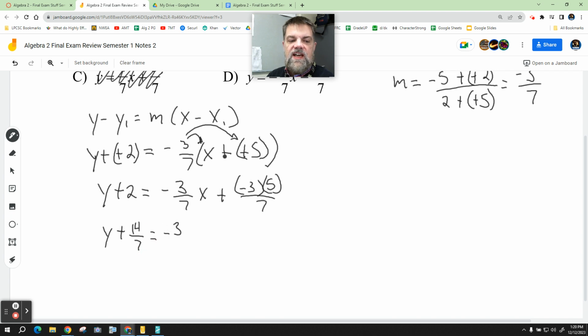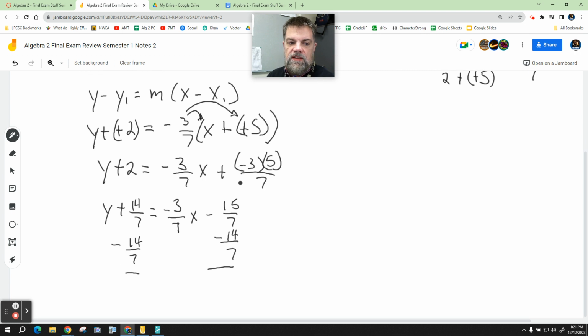This becomes negative 3/7 times x, and then this is actually minus 15/7. So I'm going to subtract 14/7 on this side and subtract 14/7 over here. That gives me y equals negative 3/7 times x minus, was that 29/7?